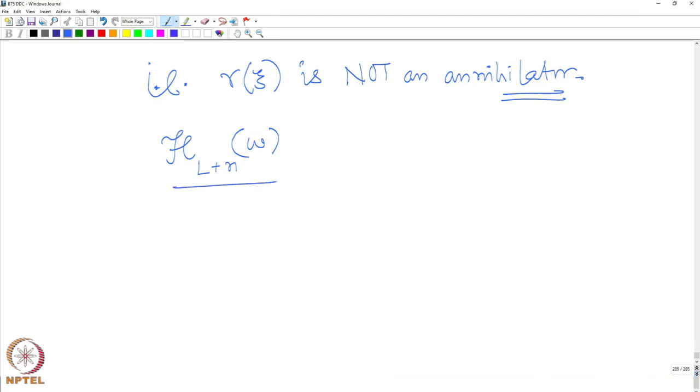I am putting this W specifically because of the condition that will come in terms of U, the input. We will come to that very soon. But let us put this H_{L+N}(W) here to be absolutely precise. So I am looking at this H_{L+N}. Why did I look at it? What is so special about it?